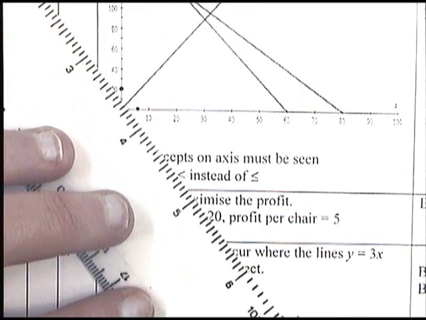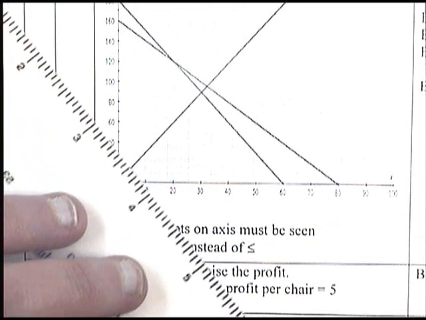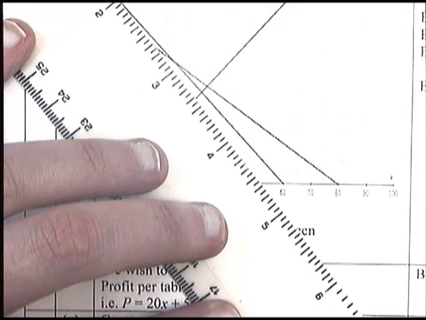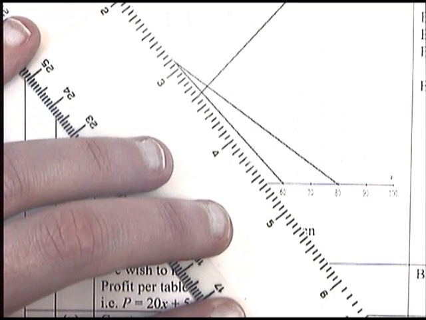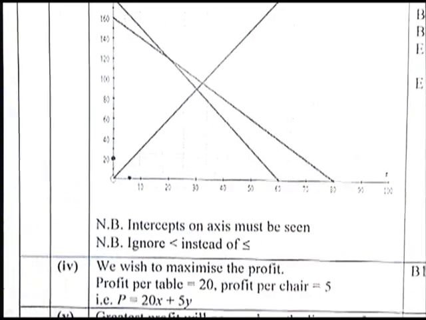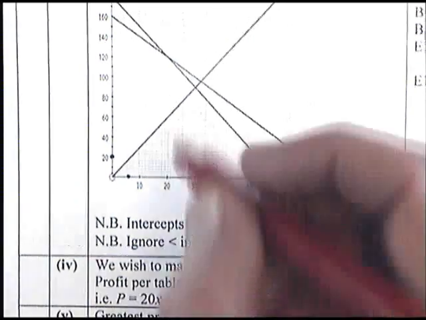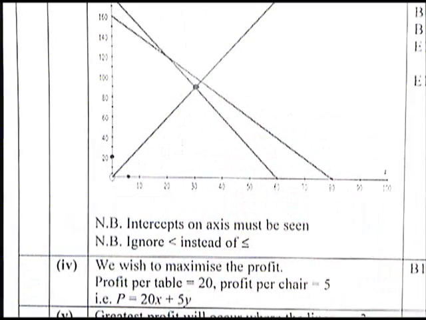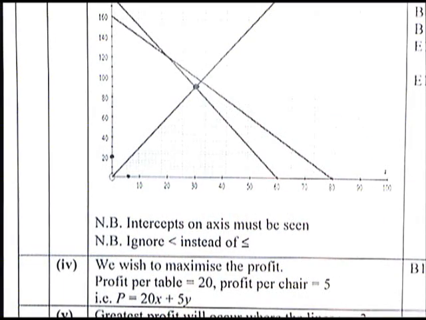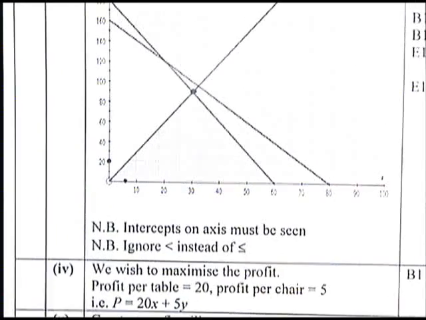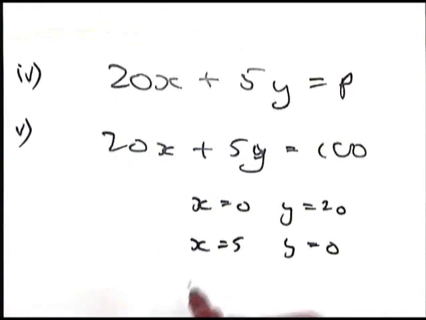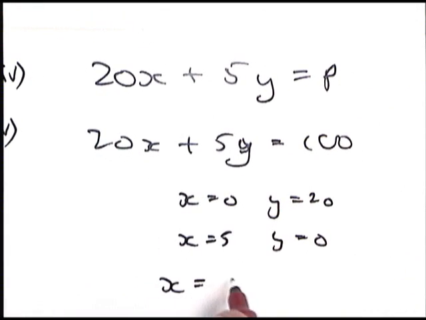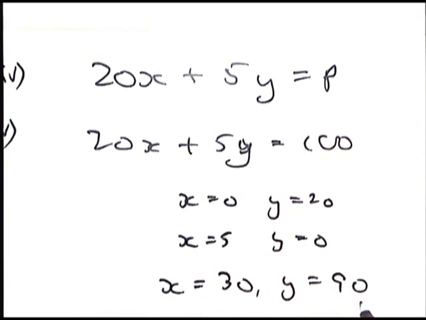And if you do that carefully, get that gradient, I want where that line slides out and leaves the feasible region as its last point. And if you do it accurately, you'll find it is here at the point (30, 90). So that tells you you will get the best answer you can when x is equal to 30 and y is equal to 90.